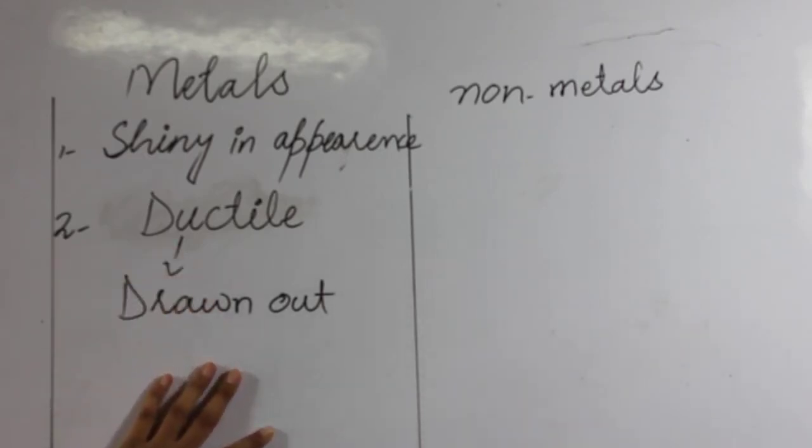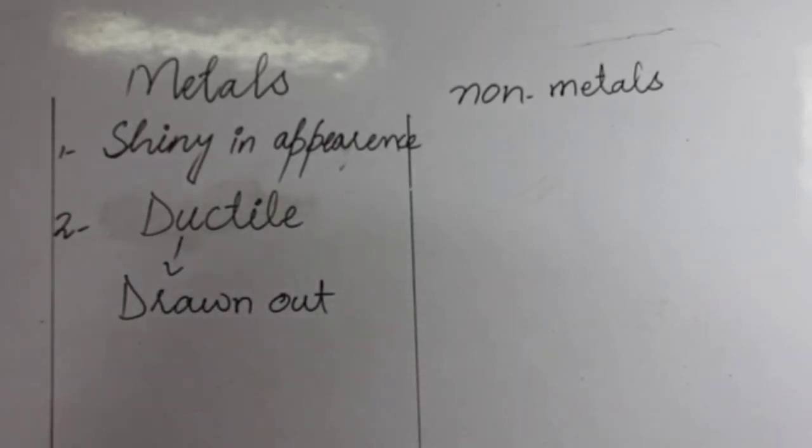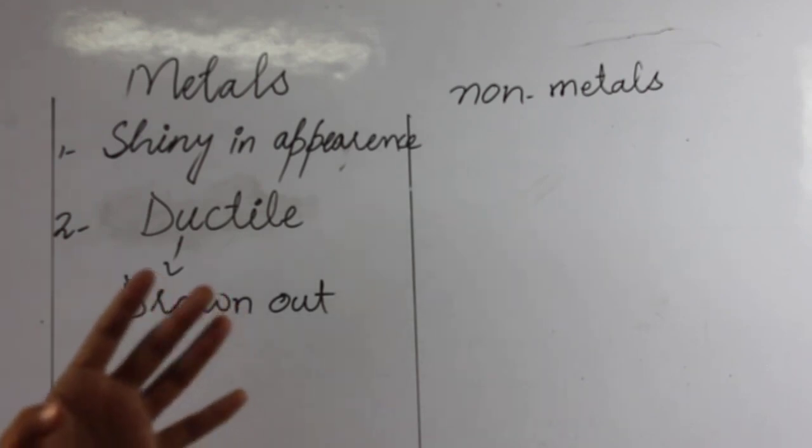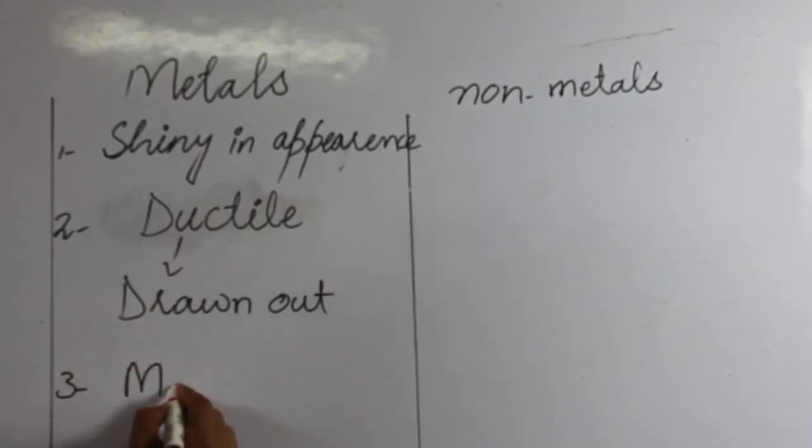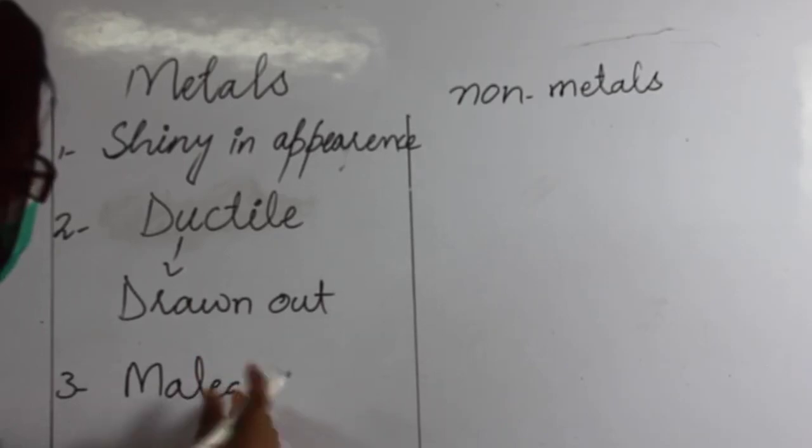Metals can be drawn out into thin wires. For example, copper can be drawn out into wires, and these wires we use in electricity. Copper wires are used for wiring in our homes, in industries, in any place, and they can be drawn out into thin wires. Next one is metals are malleable.